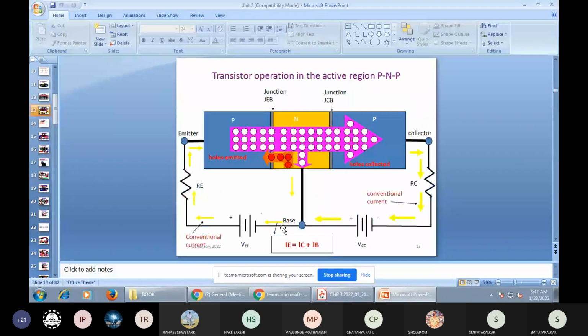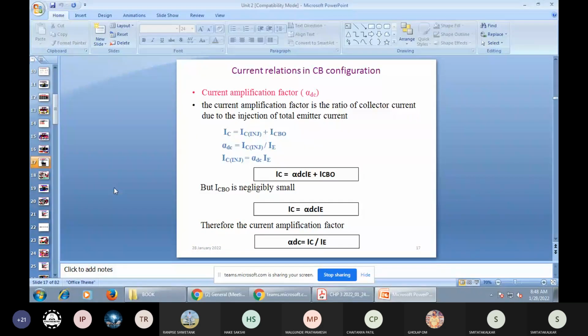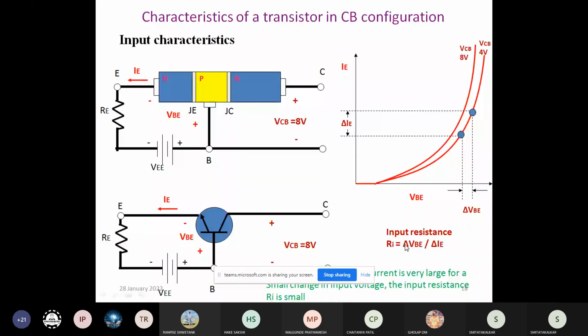In this equation, emitter current is equal to collector current plus base current, meaning the input of the emitter is equal to the sum of the collector and the base terminal currents. That's why here in this configuration, alpha DC is equal to IC divided by IE, and it is approximately 0.99, less than 1.